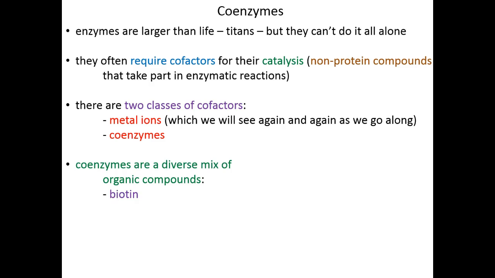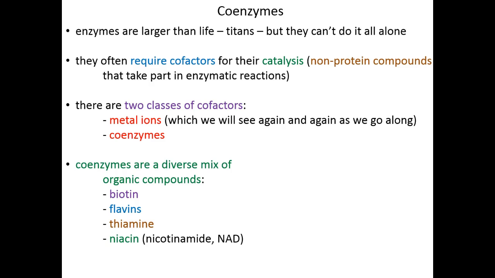Biotin is an example of a coenzyme. Flavins are coenzymes that we'll see near the end of the course. They are involved in holding on to electrons. Thiamine is a coenzyme. Niacin is another electron holder that we see. Nicotinamide is the primary component of a molecule called NAD, and niacin is what a cell uses to make nicotinamide.